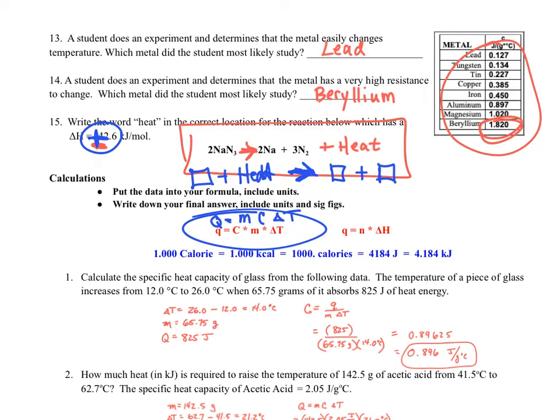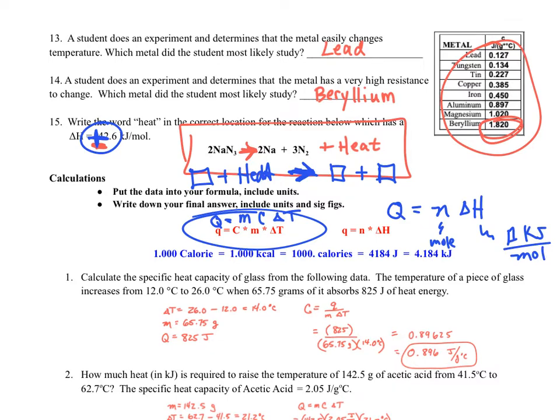And then we also have Q equals n, the number of moles, times a value called delta H. So n is moles, and delta H is an energy in, say, kilojoules per mole.